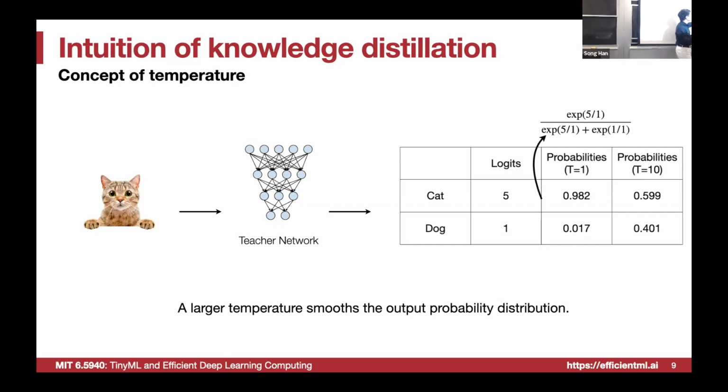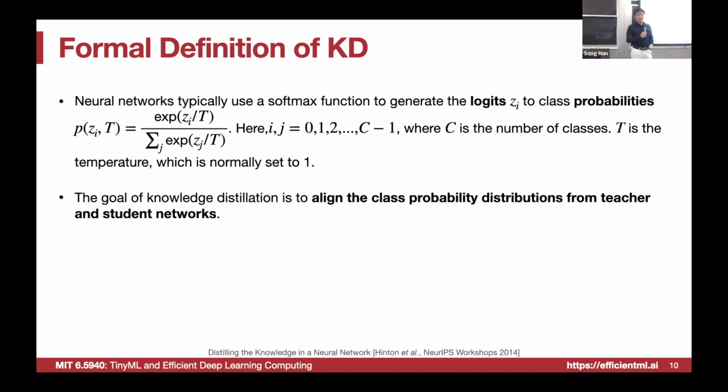Like here, temperature is 1, then we divide 5 and 1 by 1. Otherwise, if the temperature is 10, each term in the softmax, we divide that by the temperature. So the general principle of model distillation is to try to match the prediction from the logits of the teacher versus the student model.